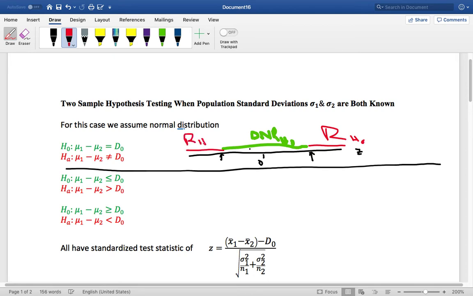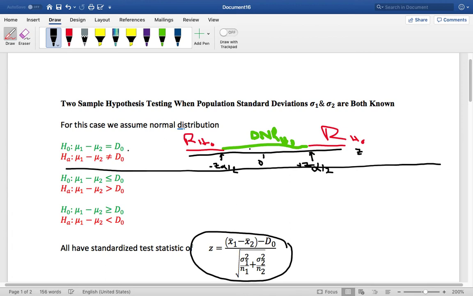And for this type of test, where we know both population standard deviations, the critical values are going to be normal, so they're going to be minus z of alpha over 2 and plus z of alpha over 2 as the upper limit. And the test statistic is going to be this one in here.